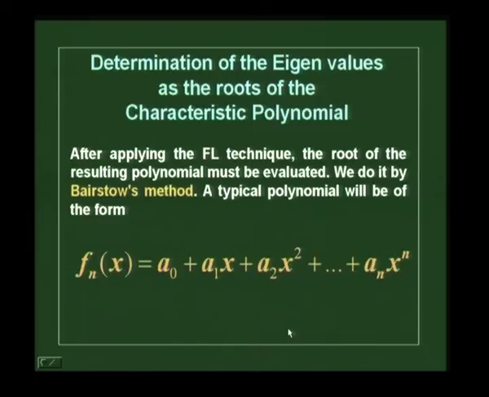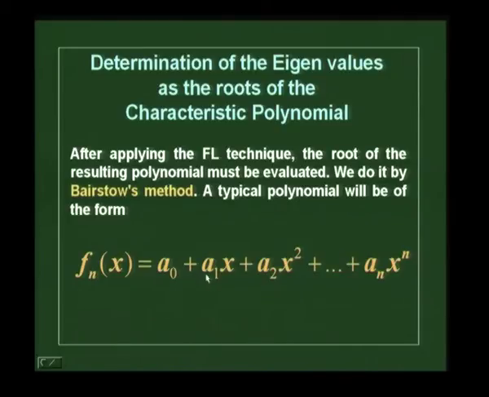We will try to solve this equation by using what is called the Bairstow method. That is the second part of the eigenvalue determination, which we will look at now. We saw that a typical polynomial can be written in this form.